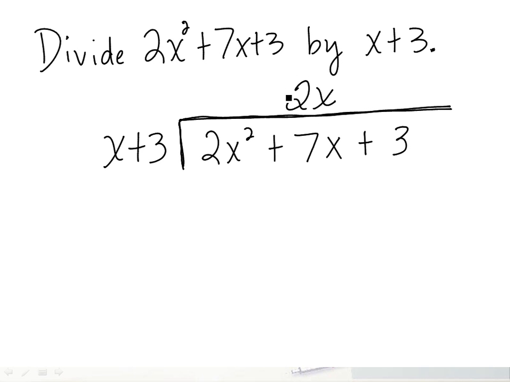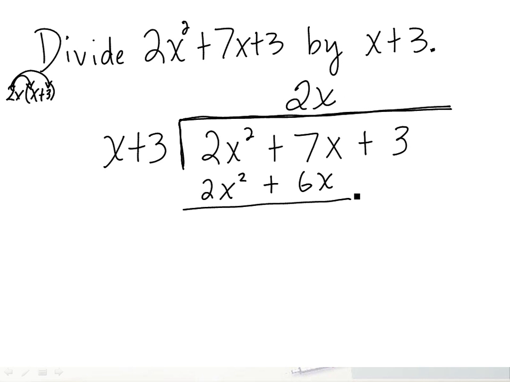What is 2x times x plus 3? So, normally we used to say 2x times x plus 3. And I'm writing this over here so you can see you have to distribute, of course. So what is 2x times x plus 3? It is 2x squared plus 6x.